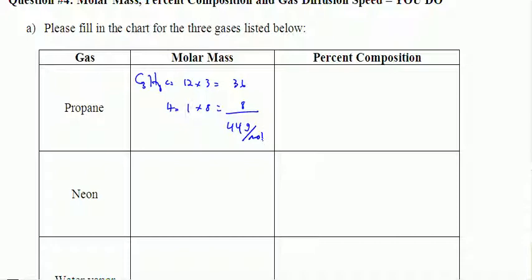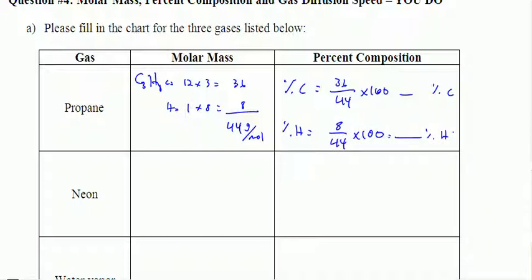Once again, much like carbon dioxide, so 36 plus 8 is 44. For percent carbon, you're going to take 36 divided by 44, multiplied by 100, and that's percent carbon. For percent hydrogen, you're going to take 8 divided by 44, multiply that by 100, and those should equal up to around 100%.